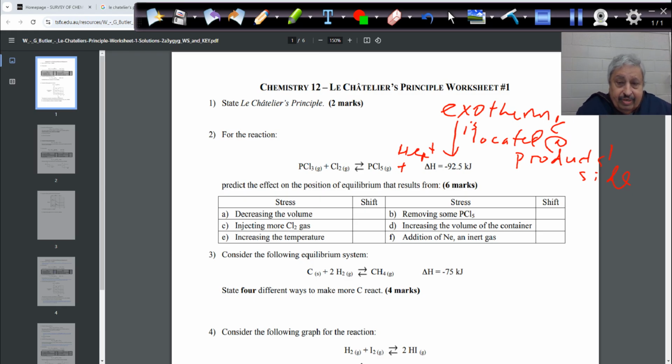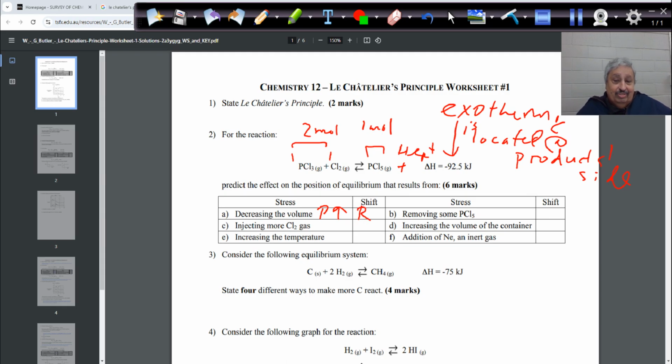Here I have 2 moles, and here I have 1 mole. So decreasing the volume means increasing the pressure. So the pressure will go up, so it will go to the least number of moles. So the shift will be where? To the right.